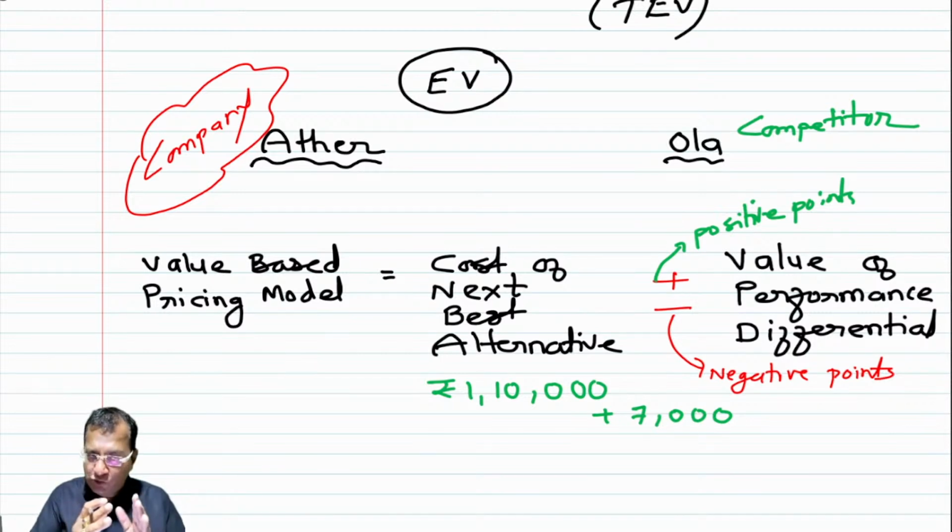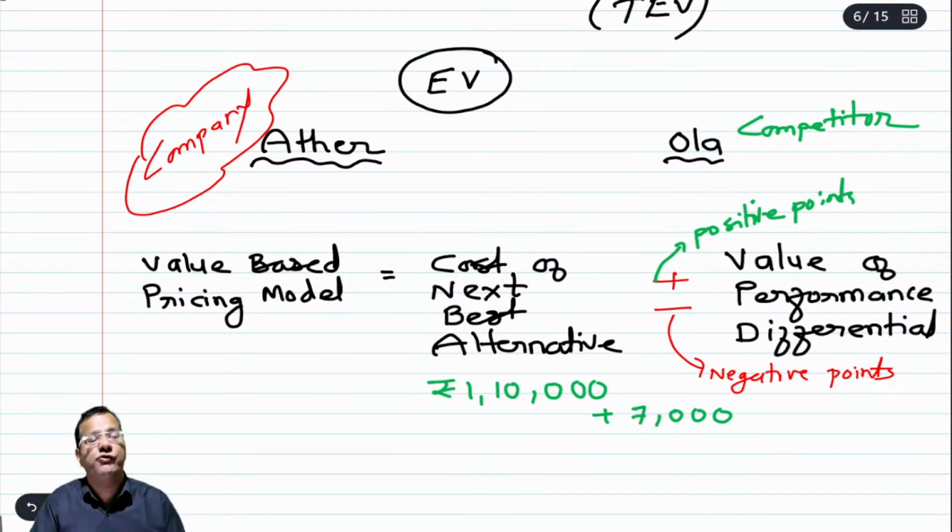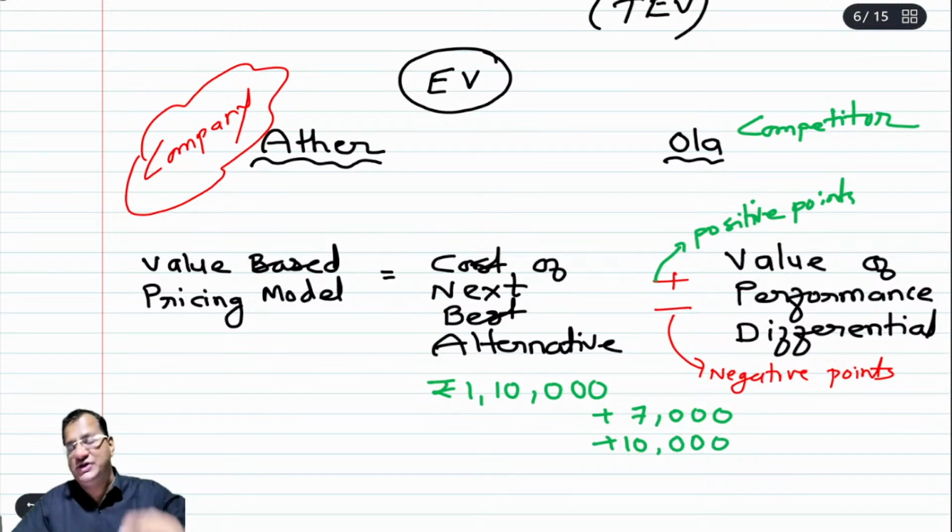So the customer knows that if they purchase my company's electric vehicle, they have an assurance of 1 lakh kilometer life of the lithium ion battery, while the competitor is giving assurance of only 80,000 kilometer. So 20% more battery life is being offered by my company. Suppose a battery costs about 50,000 rupees, so roughly converted into rupee terms, that will be 10,000 rupees. So these are the added advantages.